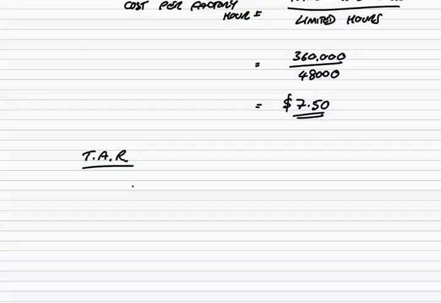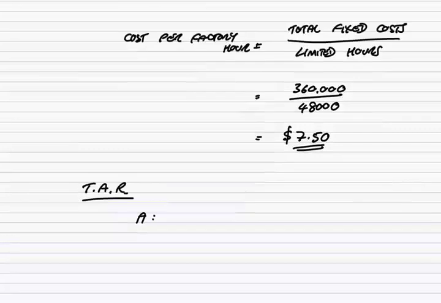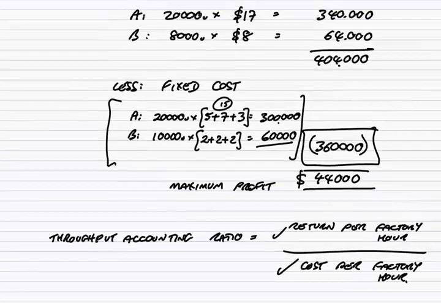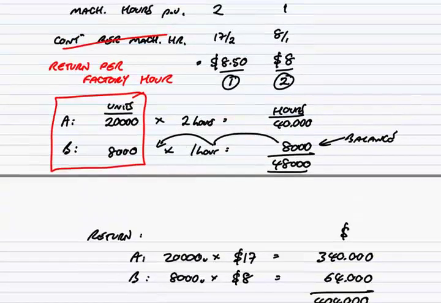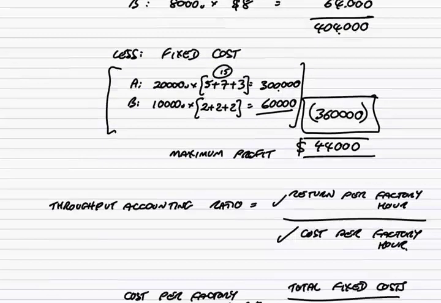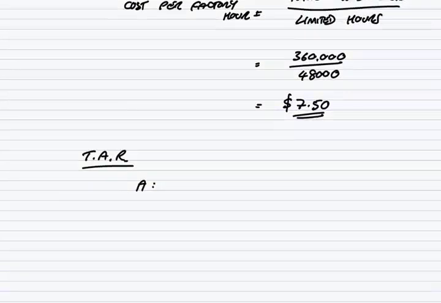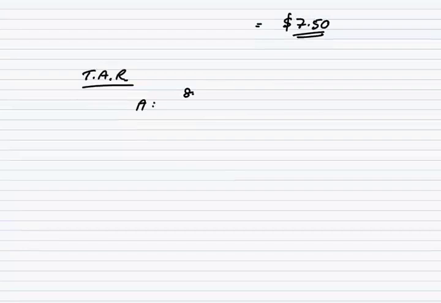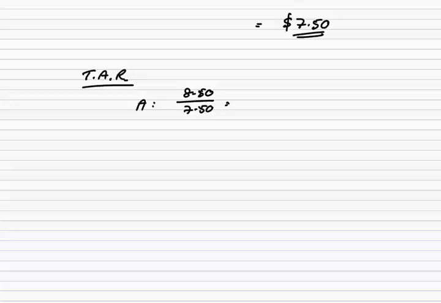We do it for each product separately. First of all, for A, the return per factory hour was how much? $8.50. Divide by the cost per factory hour of $7.50, and that gives us 1.13.